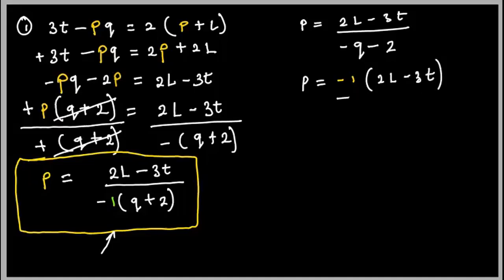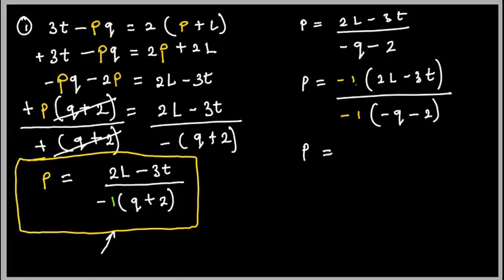Also do the same thing down in the denominator by multiplying by minus 1 times minus q minus 2. Yes, doing this will give you a different form of answer.